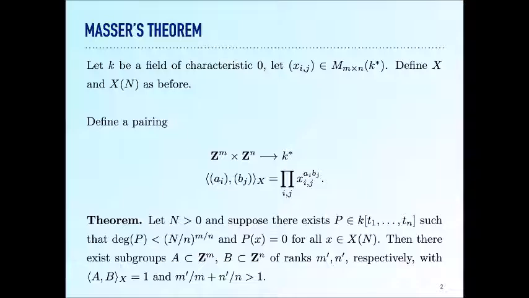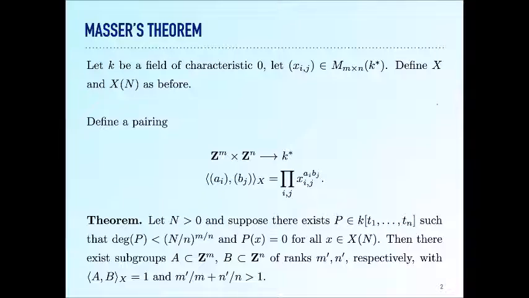All right, so let's remind ourselves what Master's theorem says. Master's theorem starts with a field of characteristic zero, and we have some n by n matrix of non-zero elements in this field, and we define X and X of n as before. So what were these?